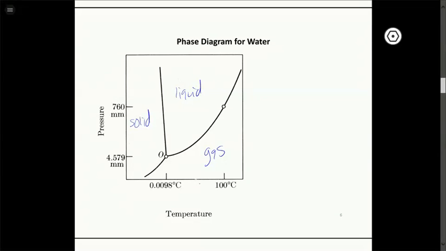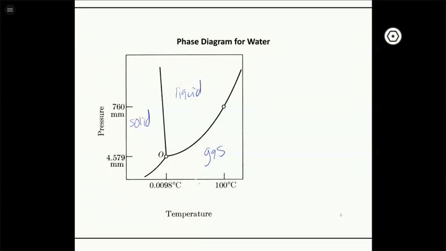So we know that as we go to the lower temperature side, we expect that to be solid, and as we go to the higher pressure, that's going to compress any liquid into a solid. So low temperature, high pressure is going to be solid, liquid's kind of in the middle, and then gas, as you go to higher temperatures and lower pressures, that's when it tends to exist in the gas phase. So those are the three regions for the phase diagram: solid, liquid, gas.